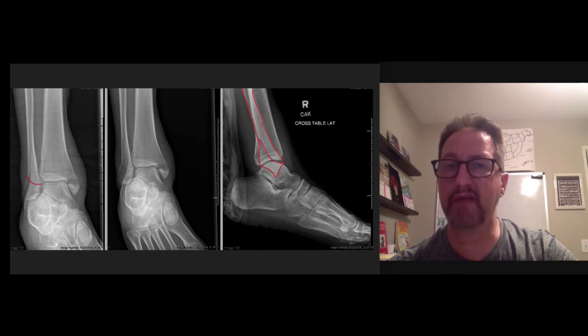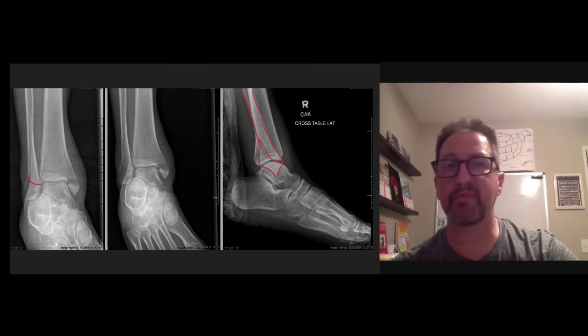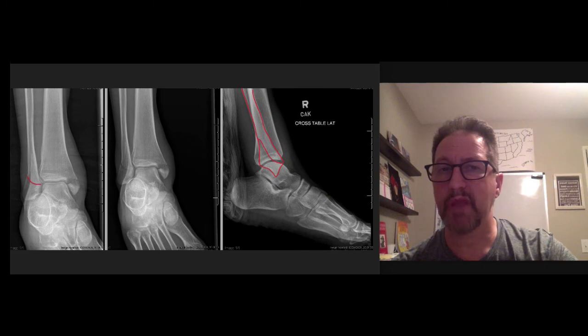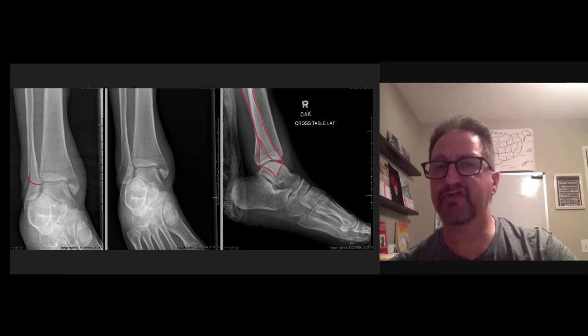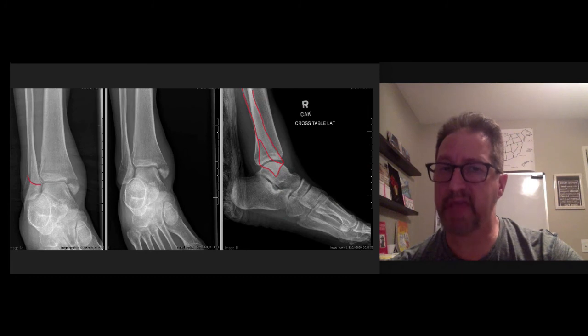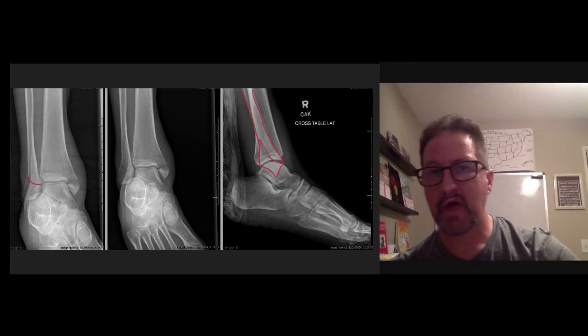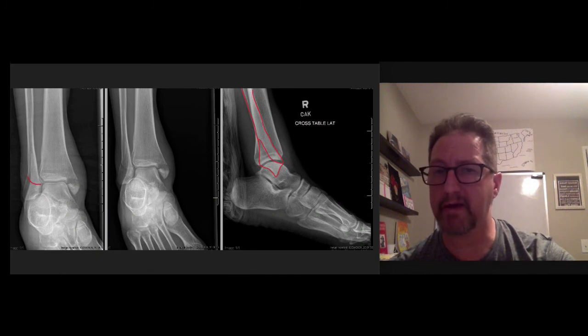It takes a little bit of practice to see that, because you have to look past the tibia in order to see where the fibula fracture is. So this fibula fracture starts at the level of the ankle joint. It is a spiral oblique shape. That's the curve upwards, and it has a posterior spike.